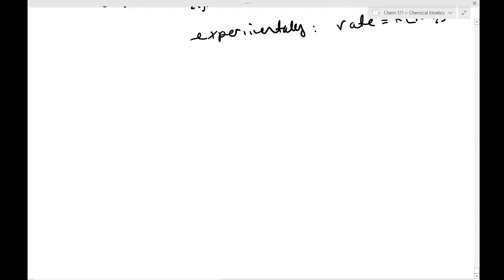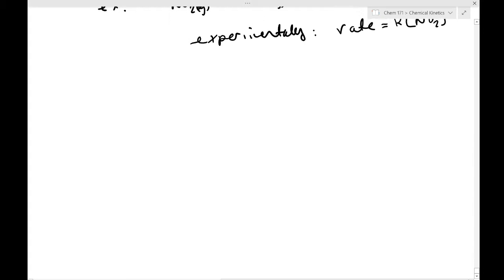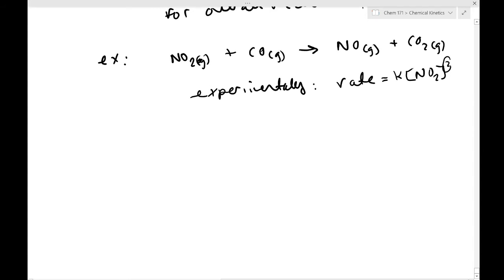We can tell right away that this can't be a single step reaction, because a single step would make a rate equal to k times [NO2] times [CO].